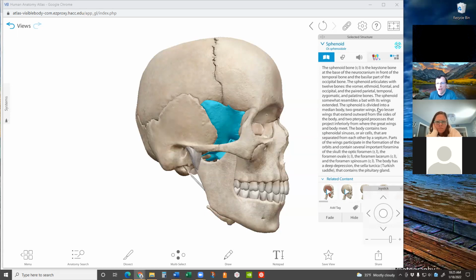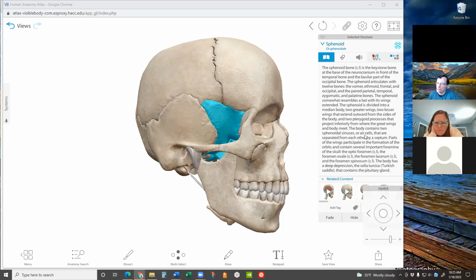The sphenoid is divided into a medium body, 2 greater wings, 2 lesser wings that extend outward from the sides of the body, and 2 pterygoid processes that project inferiorly from where the great wings and body meet. The body contains 2 sphenoidal sinuses or air cells.